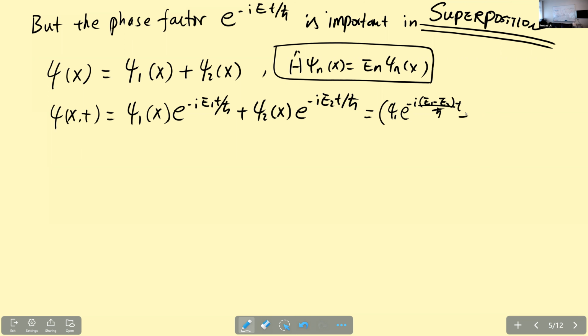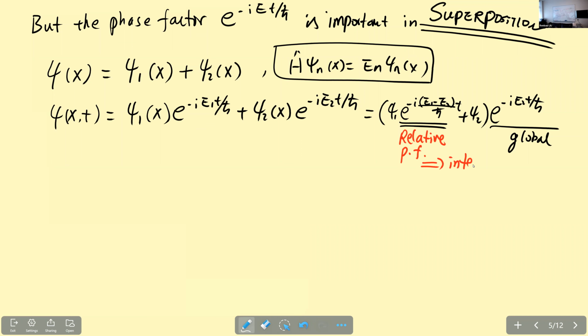Okay, so this one is global. We know that's not important. But this one is a relative phase factor. This relative phase factor actually changes with time, and it's important because it determines the interference.